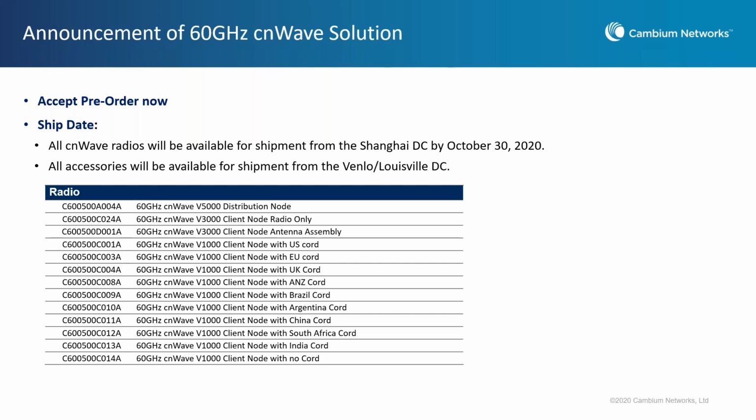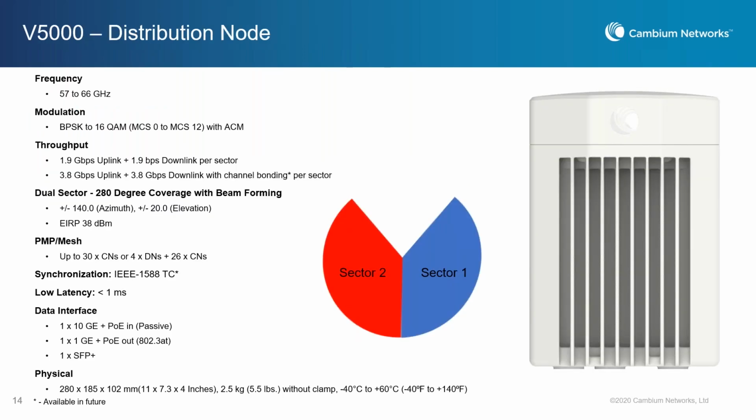With 280-degree coverage, we can support 30 devices in total. Out of those 30 devices, 4 of them can be DNs. Meaning, from every single DN, you can make 4 connections to form the mesh, and then you can grow from there.